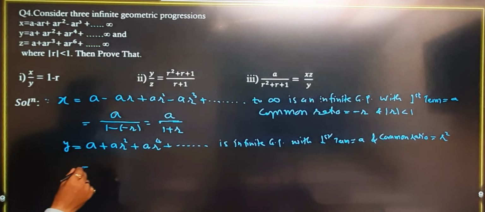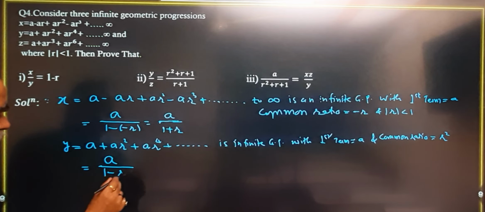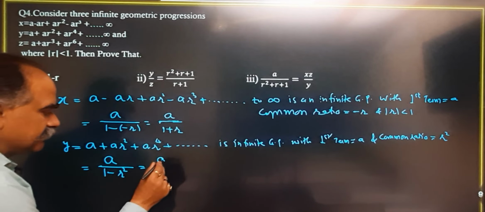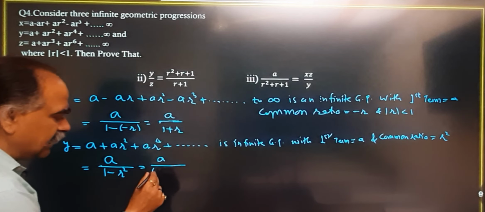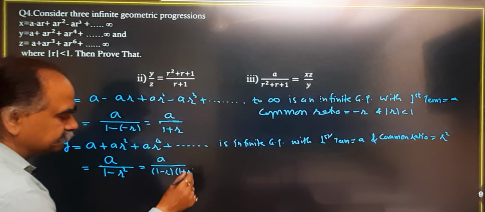So its sum is first term divided by 1 minus r square, and this is the same as a upon (1 minus r) into (1 plus r).